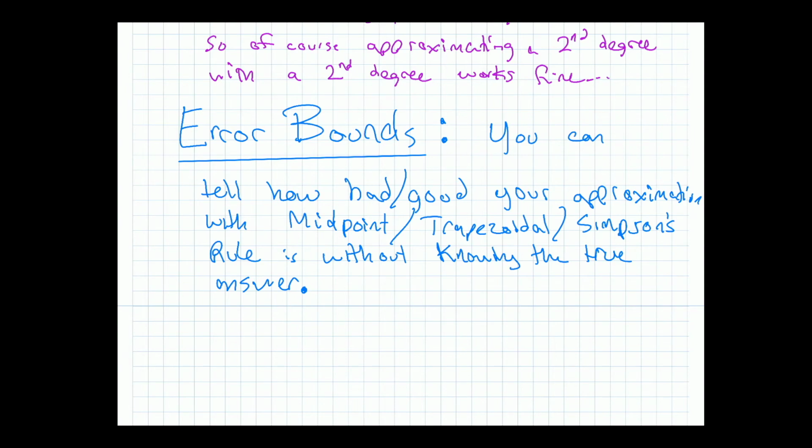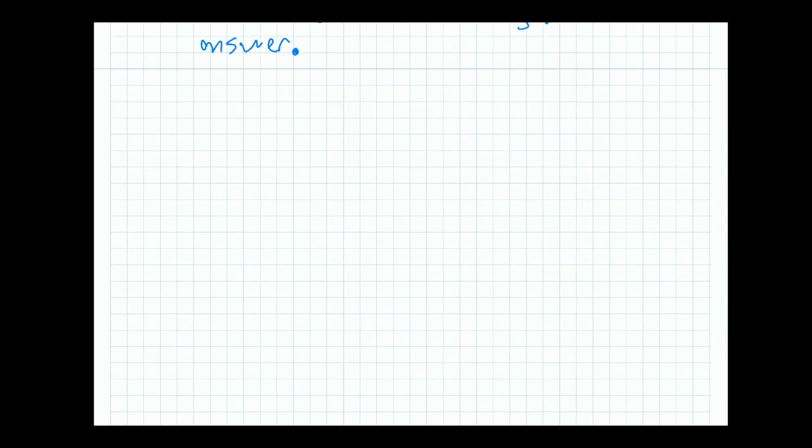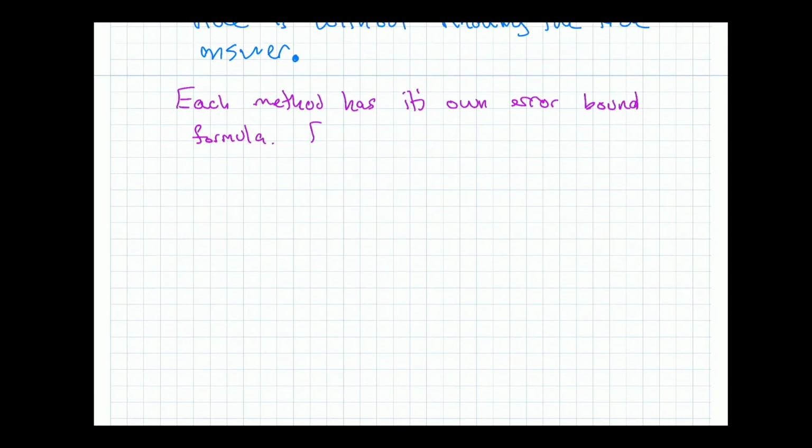We can't really prove this at this point, what these formulas are, but we can write them and we can use them, okay? So here they are. These are the error bound formulas. Each method has its own error bound formula. They are as follows. If I say E with an S, that's going to be error for Simpson's rule.